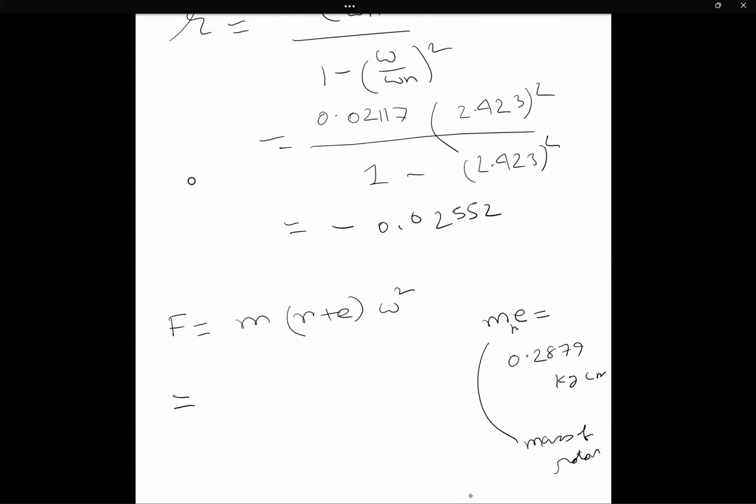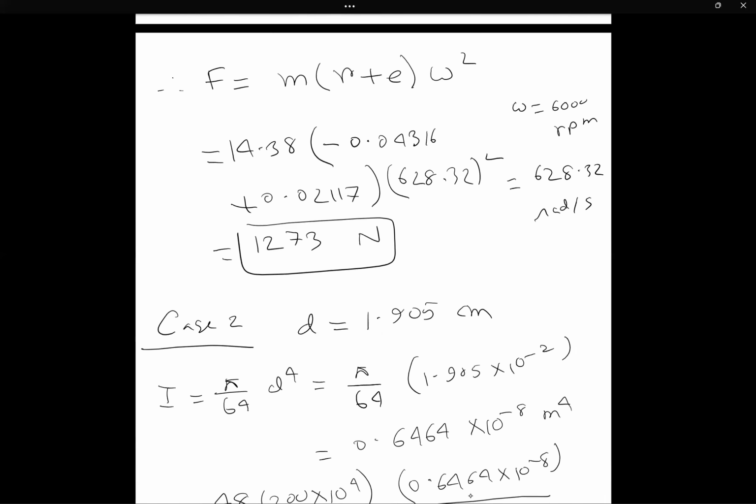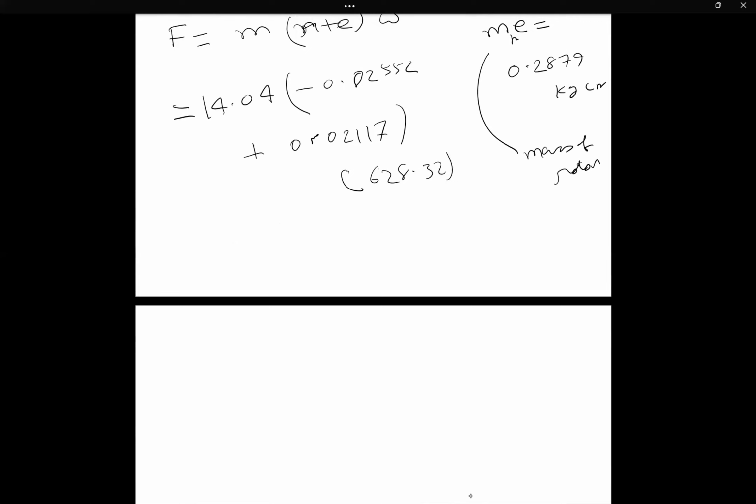So m is equal to, as we got it, 0.42. R is minus 0.02552. E is 0.02117, and omega square is 628.32 whole square.